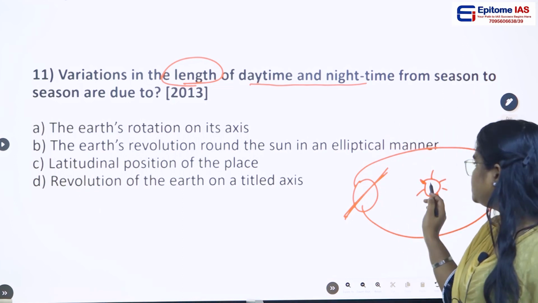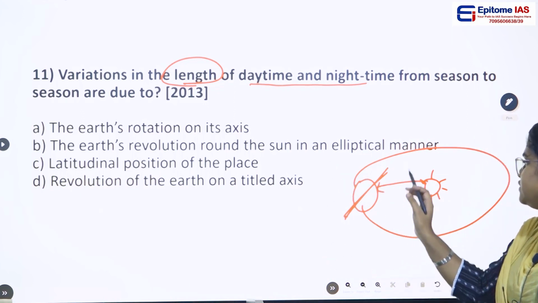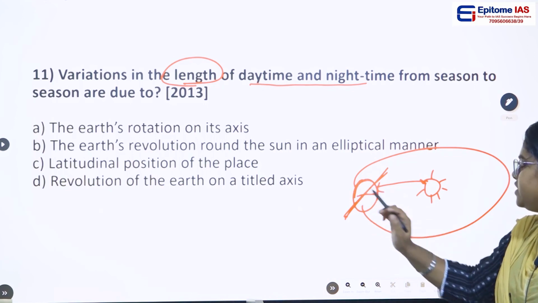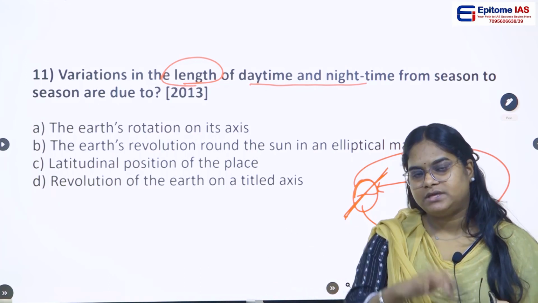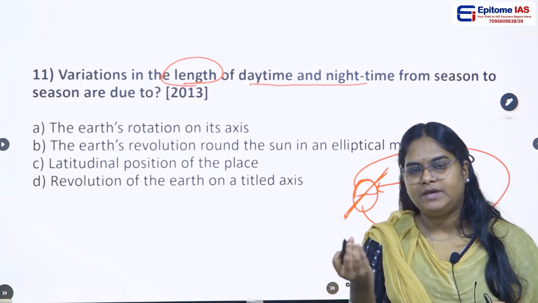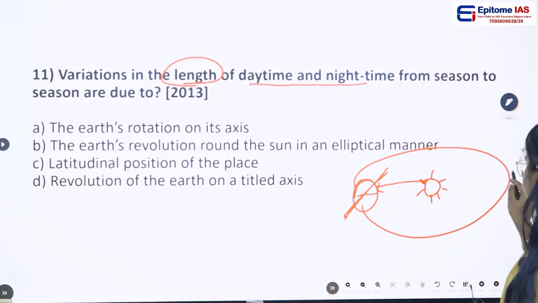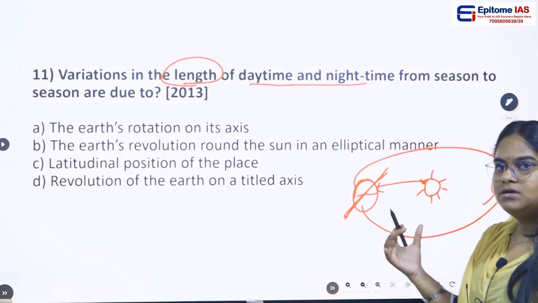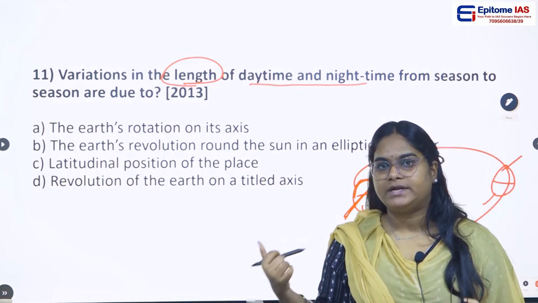We already saw that during the summer solstice, the direct sun rays fall on the Tropic of Cancer, and the whole northern hemisphere will have a longer day, and simultaneously the southern hemisphere will have a shorter day. But during the winter solstice, what will happen? We'll have a longer night in the northern hemisphere, and in the southern hemisphere they'll have a longer day.